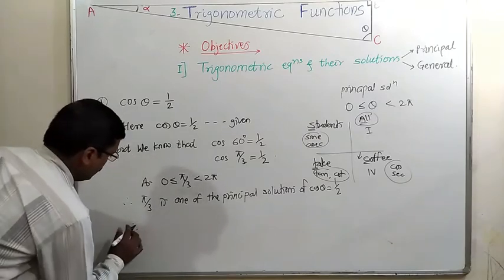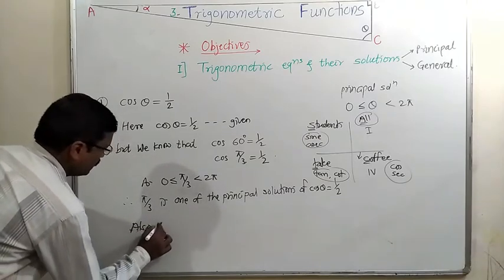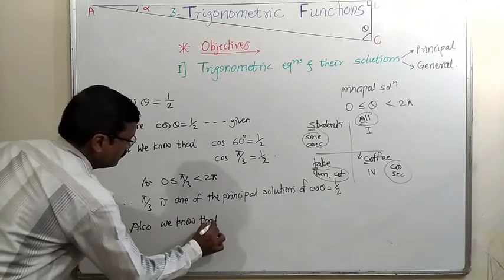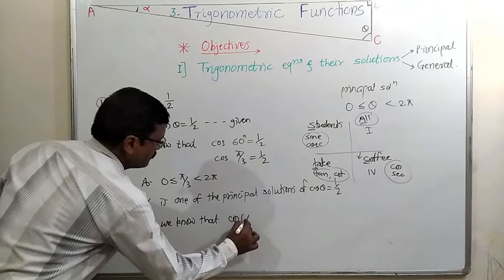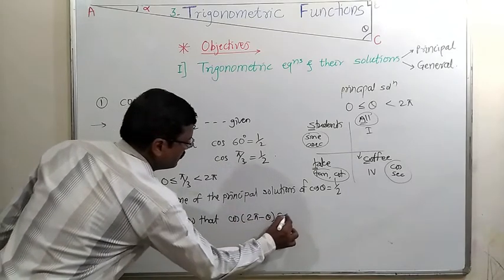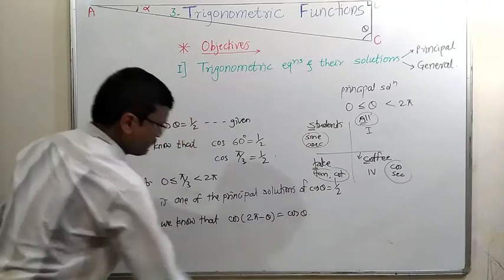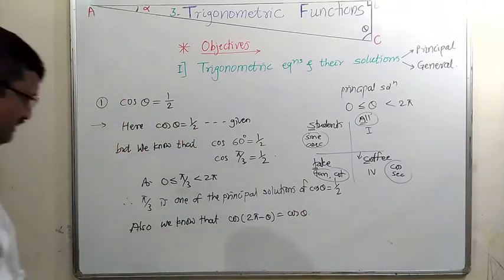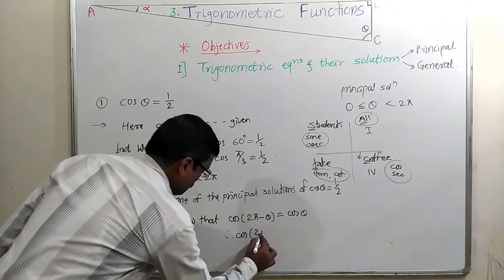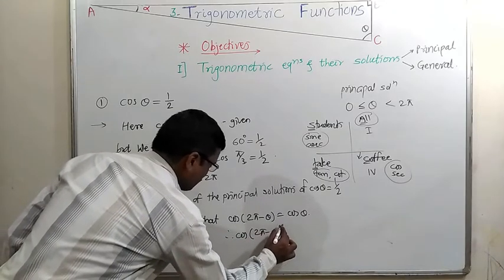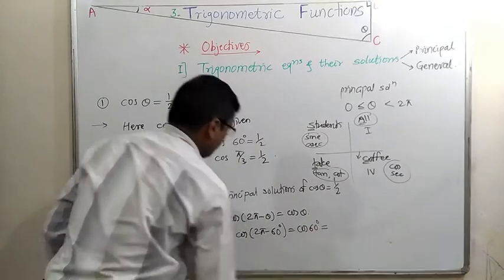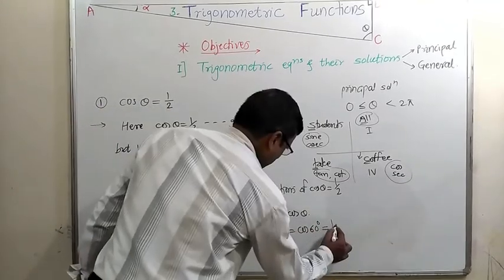That also we know that cos of 2 pi minus theta is equal to cos theta. So we can write cos of 2 pi minus 60 is equal to cos 60, and cos 60 is given as half.